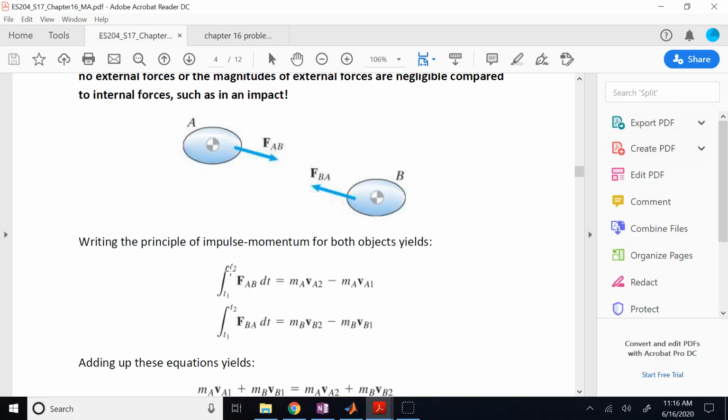It's a very, very fast thing. And so the effect of a constant force of gravity in that short period is the force of gravity itself times the time difference. Since the time difference is very small, even when multiplied by a big force, it will still create a very small impulse.